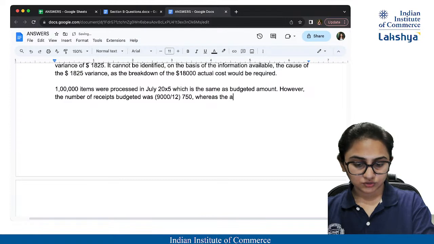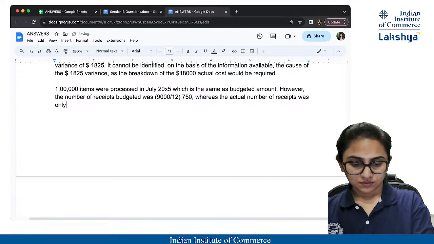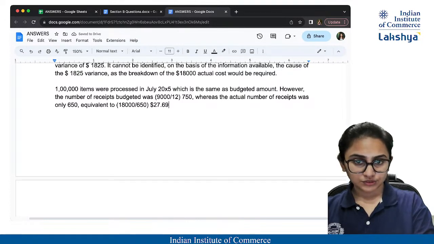Whereas the actual number of receipts was only 650, equivalent to 18,000 divided by 650, that is $27.69 per receipt.